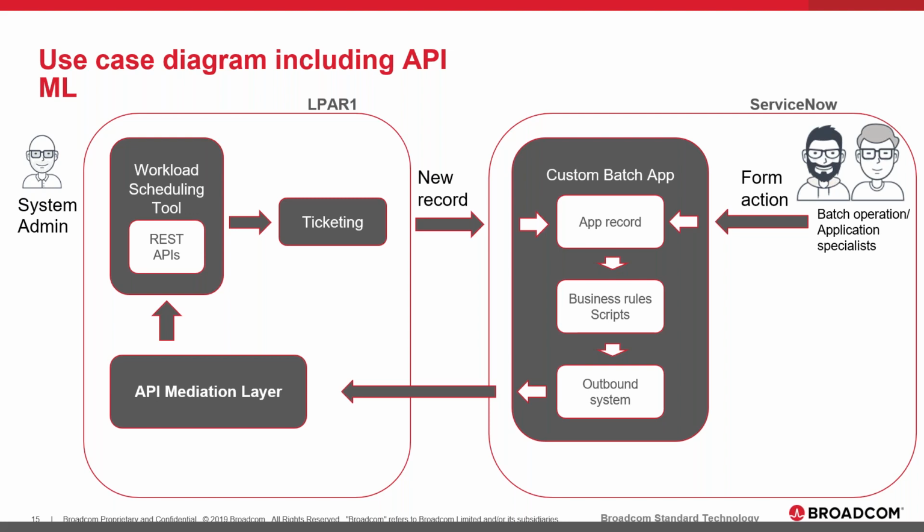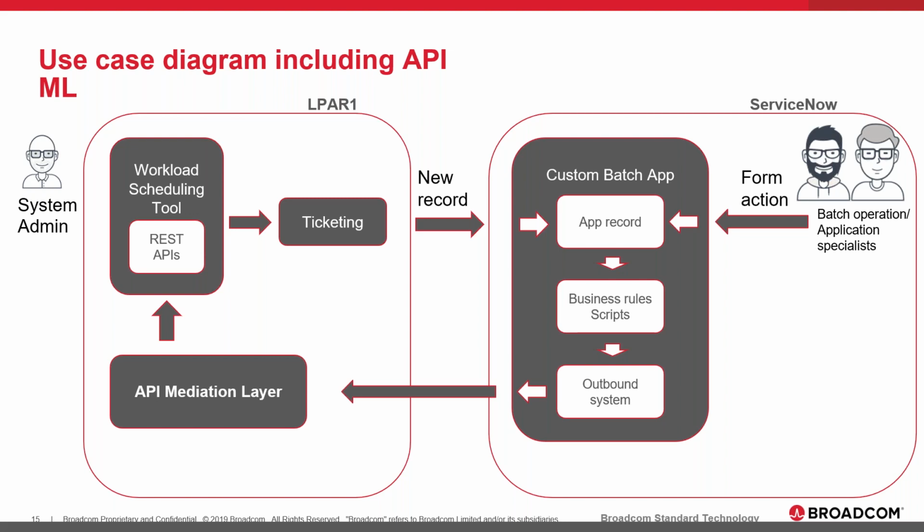In this case, the API mediation layer is triggered to do some action in the workload scheduling tool, and it triggers that action using the workload scheduling tool's REST APIs. So you can see here we have a full cycle, from the job event to the remediation action and back to the mainframe again.